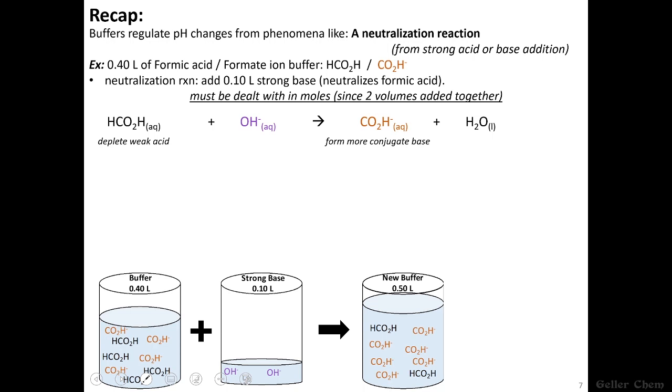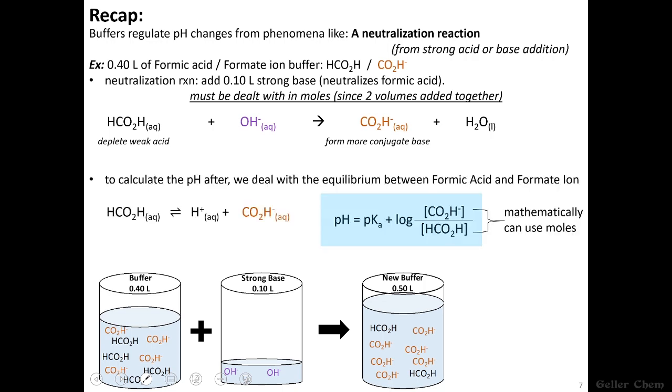And that means we could still calculate this new buffer solution's pH using the Henderson-Hasselbalch equation, which looks like this. Chemically speaking, we should use concentrations for these species, but mathematically we can do a shortcut and just use moles. And when we did this problem, we found that the new pH value of this solution had not changed that significantly from the old pH value.